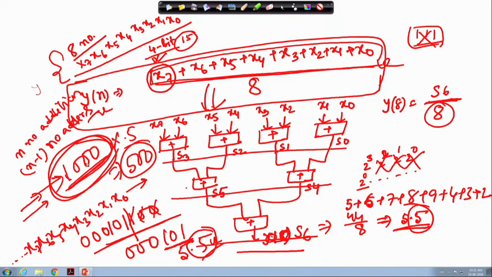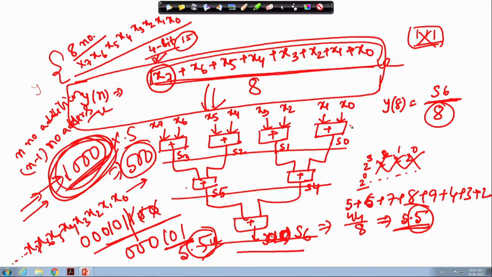So, for the whole process, the total computation time for the running average circuit, that means doing the running average of these 1000 samples, what will be the computation time for that?